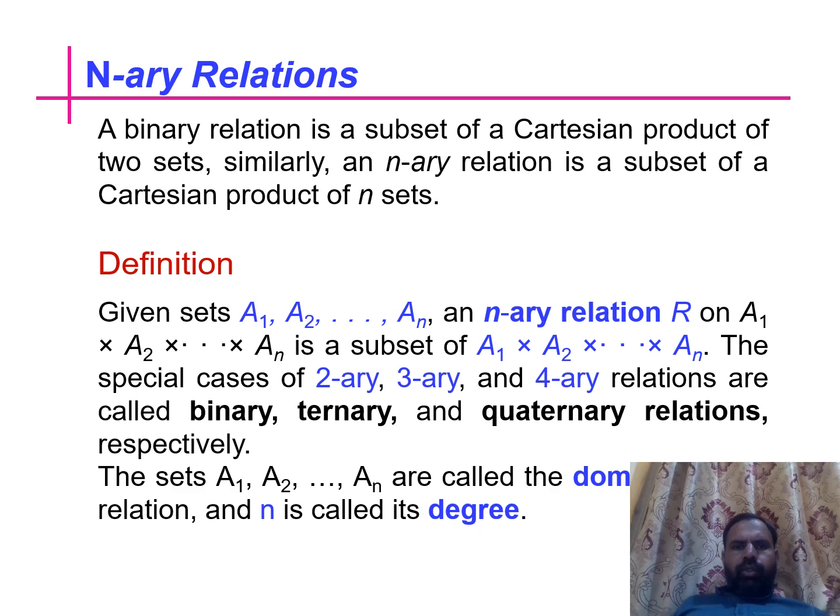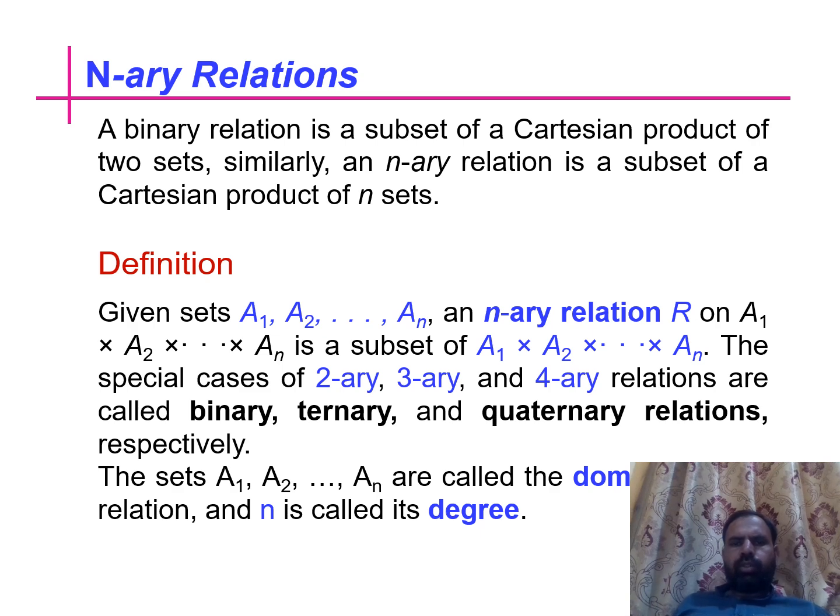An n-ary relation. A binary relation is a subset of the Cartesian product of two sets. Similarly, an n-ary relation is a subset of the Cartesian product of n sets. Here we are given sets A1, A2, up to An, and an n-ary relation on A1, A2, up to An is a subset of A1 × A2 × ... × An.